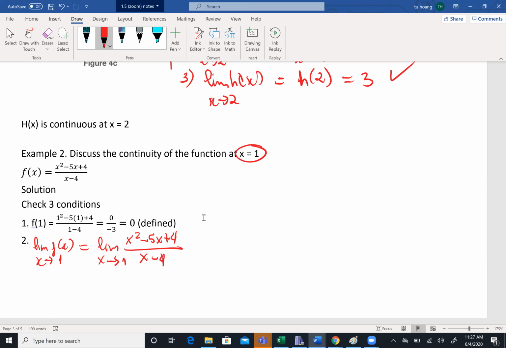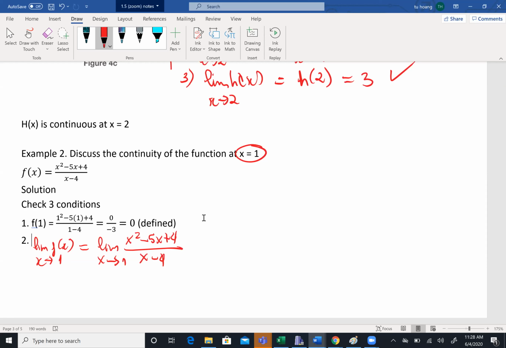Because this is not a piecewise function, I can right away substitute f(x) with the function they give me, and use the methods for limits to find the limit as a finite number.